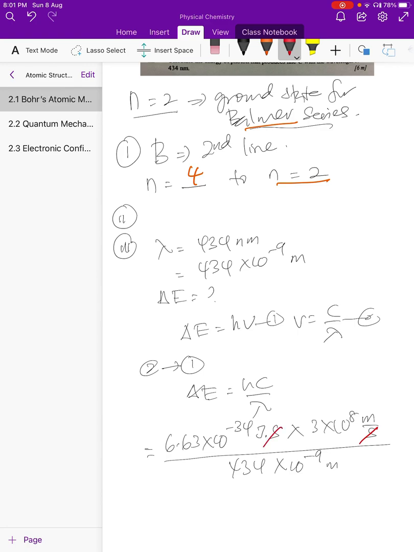Second can be cancelled. Meter can be cancelled. So left with joule. Correct. So we calculate 6.63 exponent negative 34 times 3 exponent 8 divided by 434 exponent negative 9. And I get 4.58 times 10 to power negative 19 joule. Okay, this is the energy corresponding to line C with the wavelength 434 nanometer. Thank you.